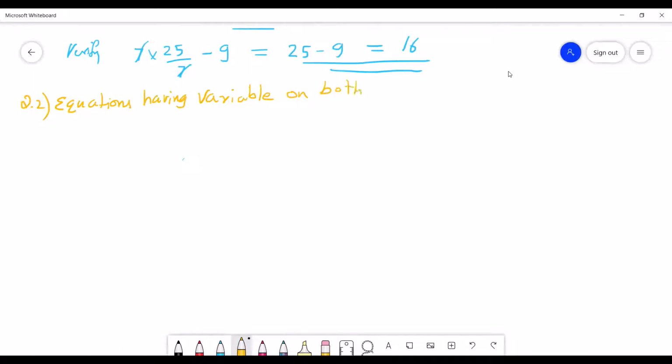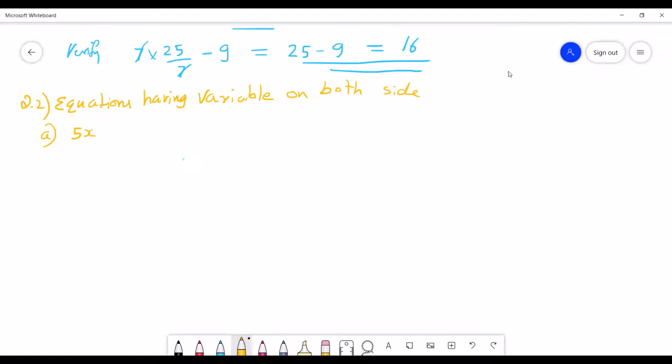See, in the earlier question there was a variable, but it was only on one side, and here it is on both sides. Let us consider the first question here, question number A.